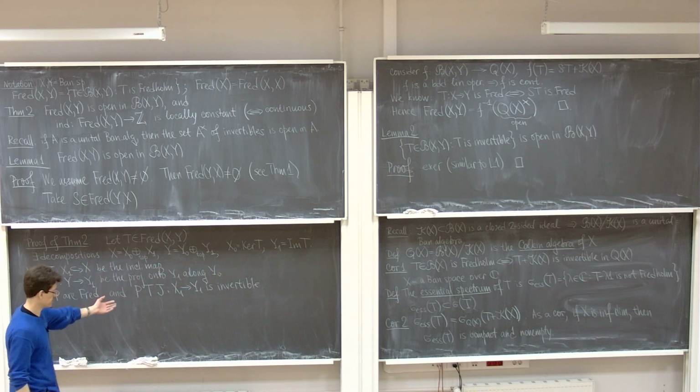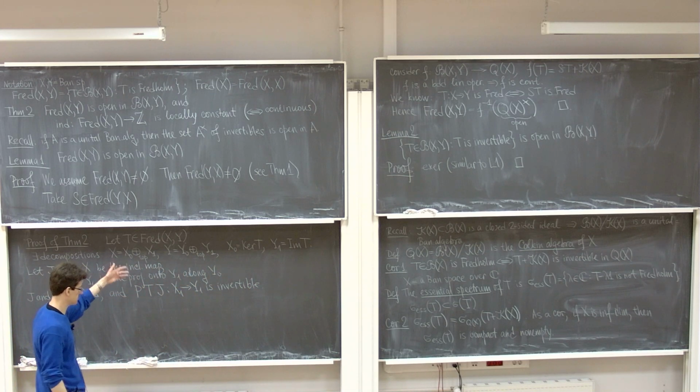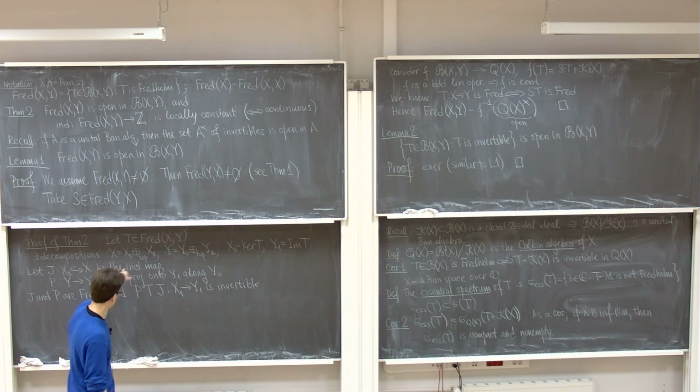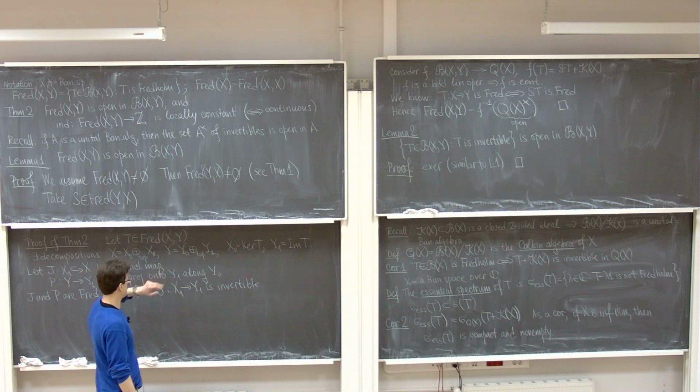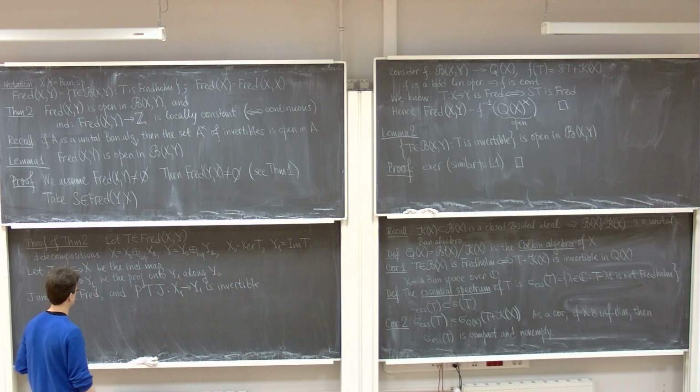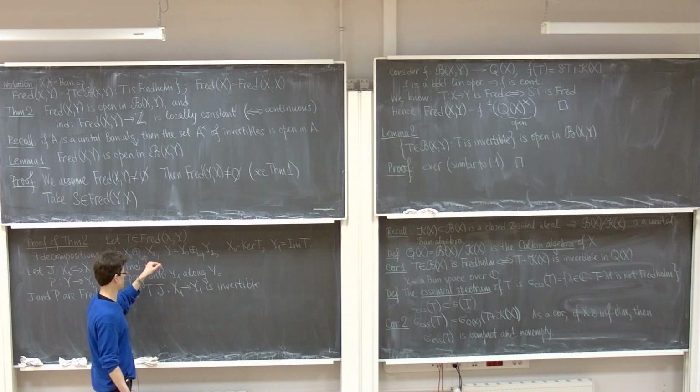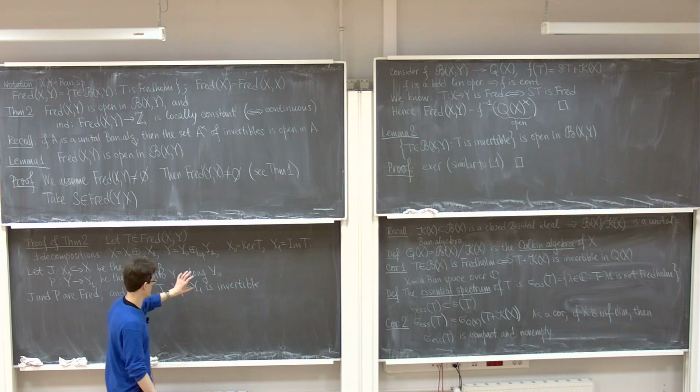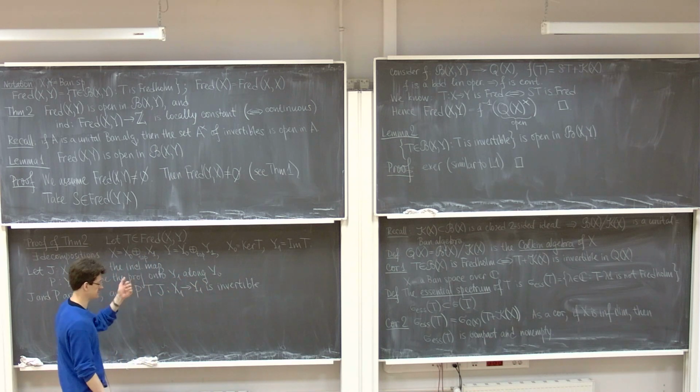Well, this is clear because this operator is nothing but the restriction of T to X1. And clearly, it takes X1 bijectively onto Y1, where Y1 is the image of T.